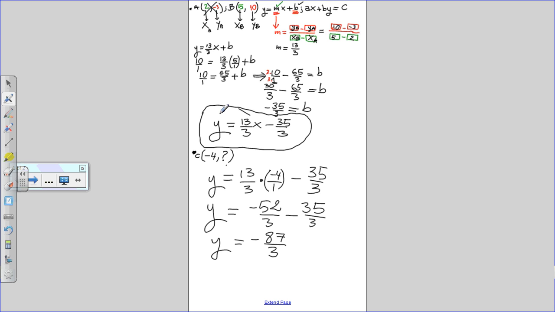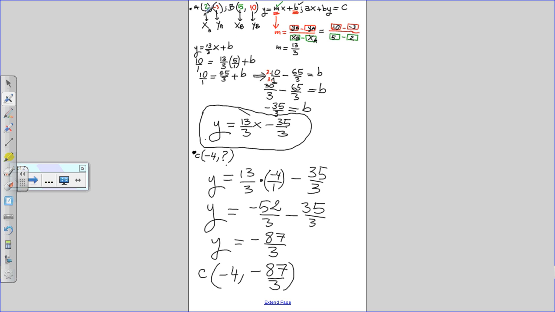So y equals 13 times negative 4, so negative 52, and 3 times 1 is 3, so negative 52 thirds minus 35 over 3, and I end up with y equals negative 87 over 3.